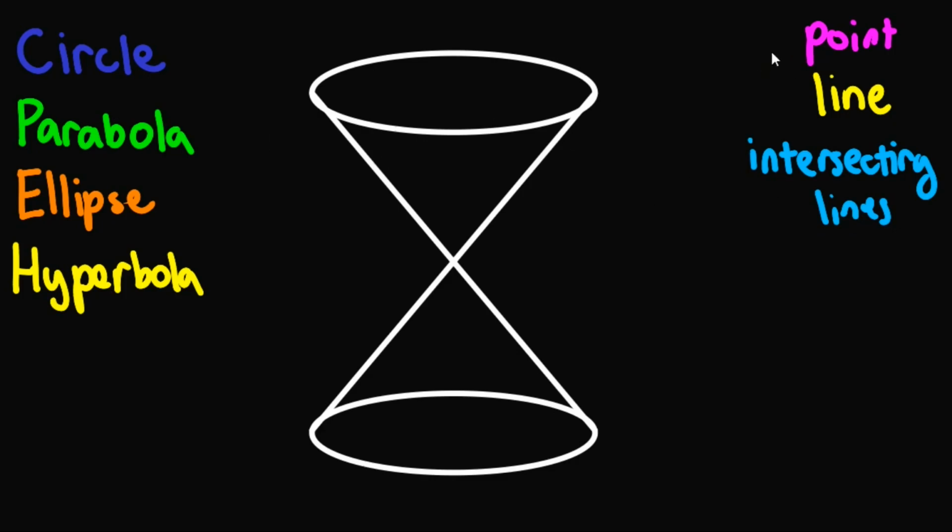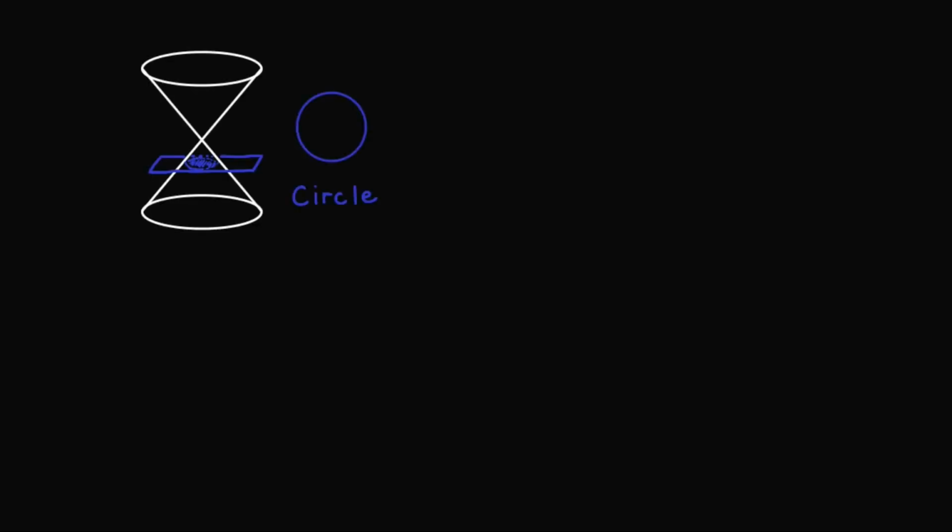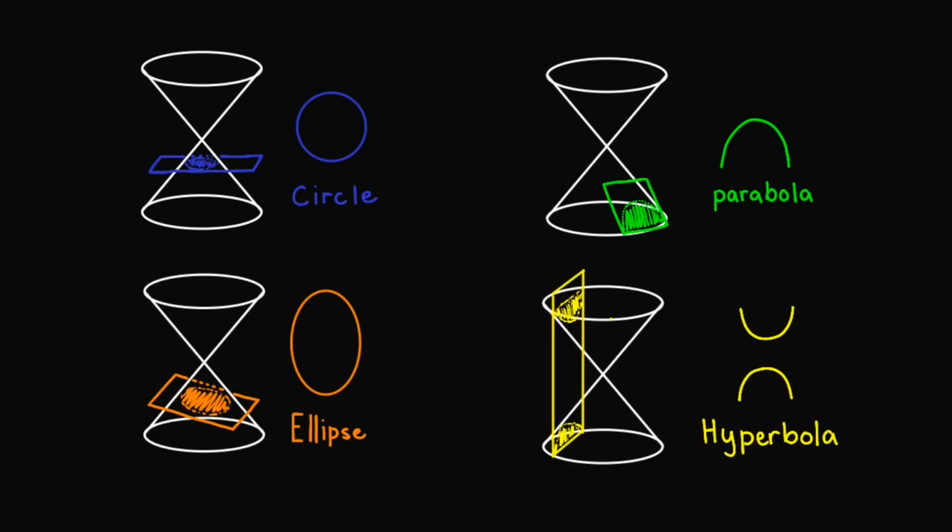Just to emphasize, these three are what we call degenerate conics. And these four out here are our four major conics. To summarize, again, we learned the four major conics: the circle, the parabola, the ellipse, and the hyperbola.